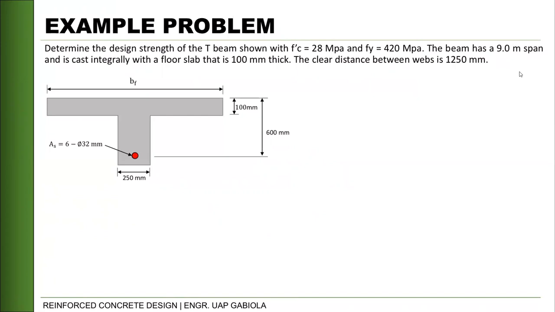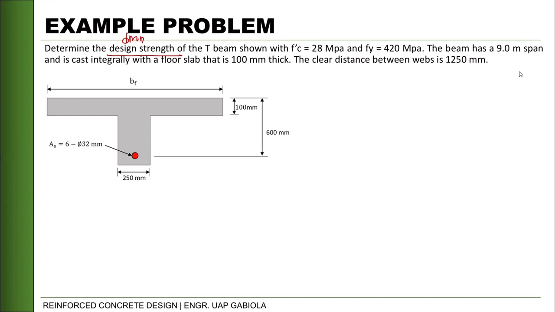The clear distance between the web is 150 mm. So, given yung section natin, so basically, design strength yung pinapahanap sa atin. When we talk about design strength, ibig sabihin yung ating moment capacity. Okay? So, let's identify yung given.